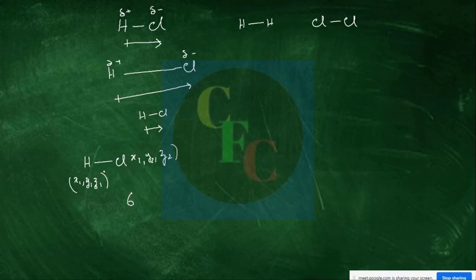Now let us move from our diatomic molecule to the next higher level, say water. Suppose we have water here. See how many coordinates will be needed: x1, y1, z1, x2, y2, z2 and x3, y3, z3.